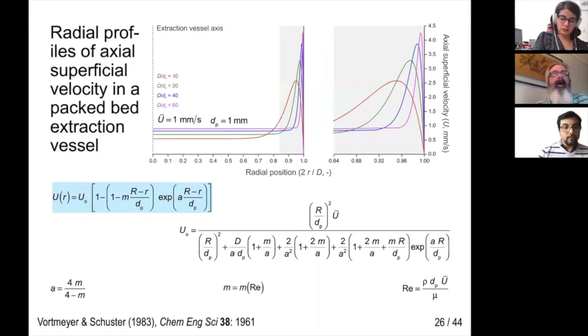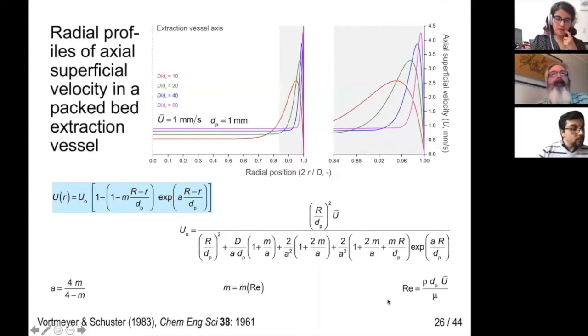They include an inner core with plug flow, velocity u sub 0, and an outer annular region that concentrates all variations in axial velocity. The outer annular region is compressed towards the vessel wall as d over dp increases. The radial variations in superficial velocity also depend on the flow regime characterized by Reynolds number.